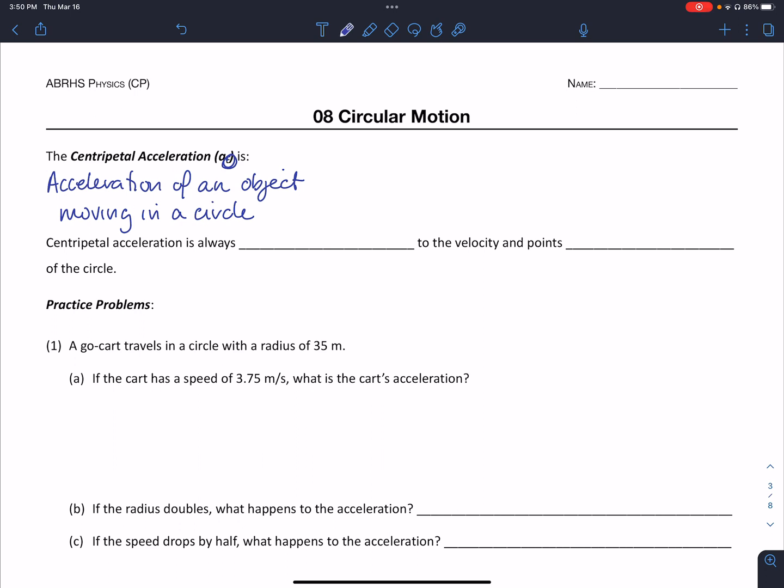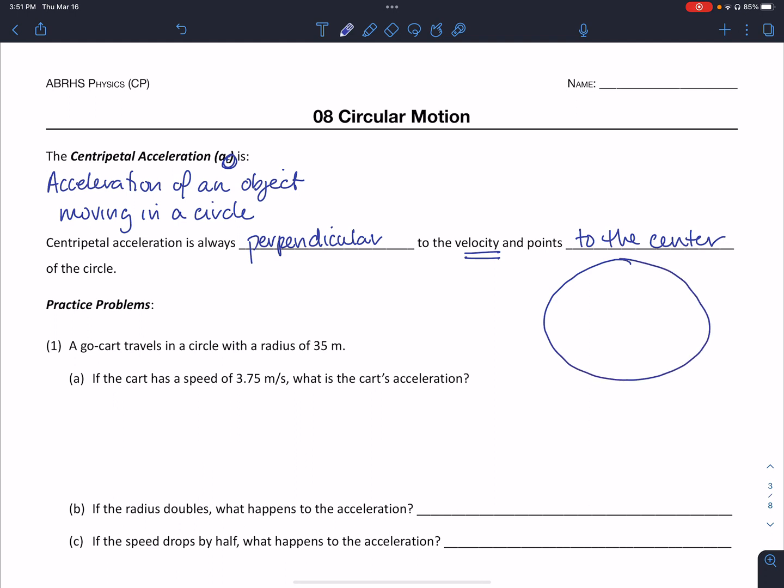Centripetal acceleration is always perpendicular to the velocity, and that centripetal acceleration always points to the center of our circle. So if we have a circular path like this, here's the center of our circle, and we have an object out here, for example. As the object moves around the circle in this direction, it's going to have different points on the circle.